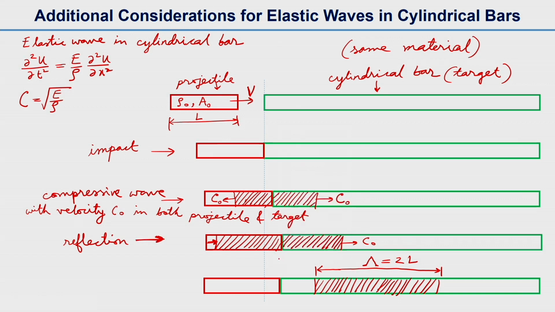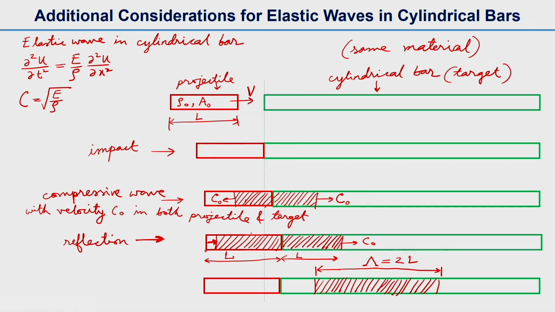When the wave reaches the projectile back end, that distance is L. At the same time, the wave will travel distance L in the target. The velocity is the same in both media, because both bars are the same material. When it reflects back from this end, at that time it will also travel that much.